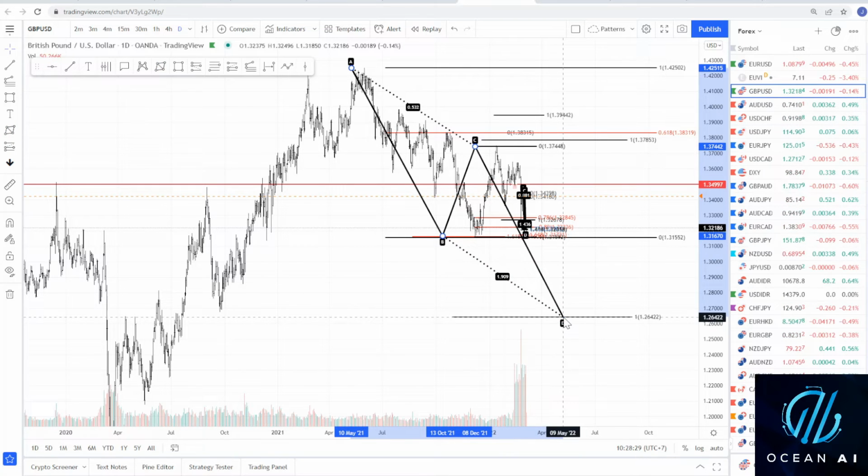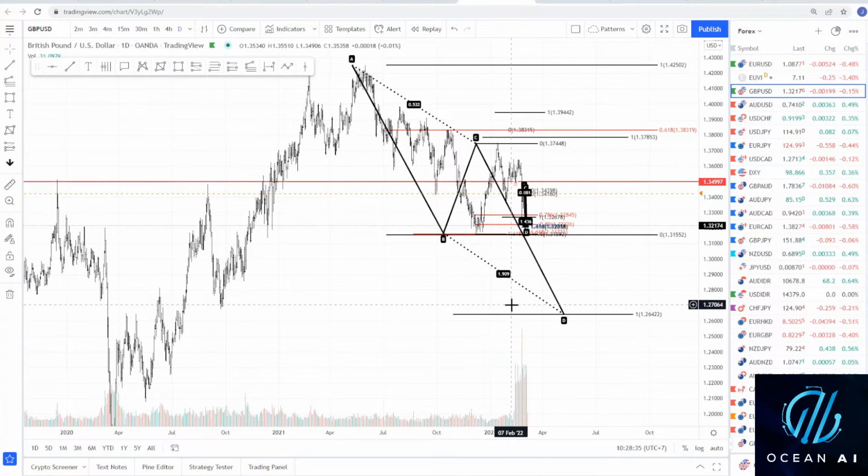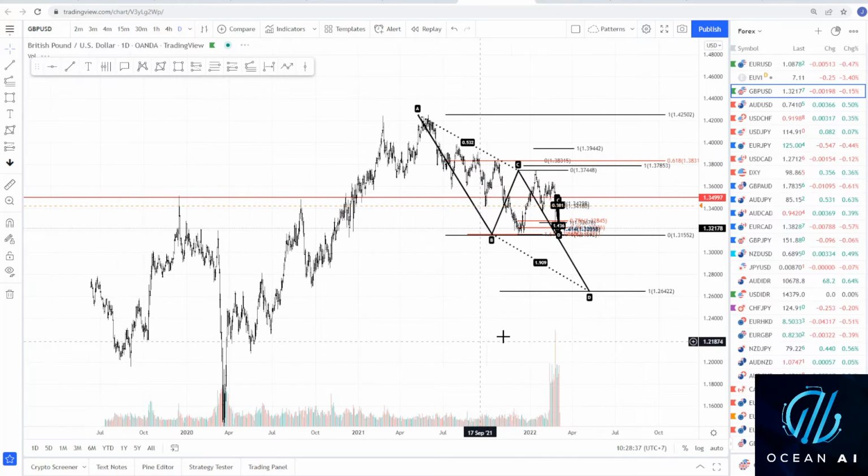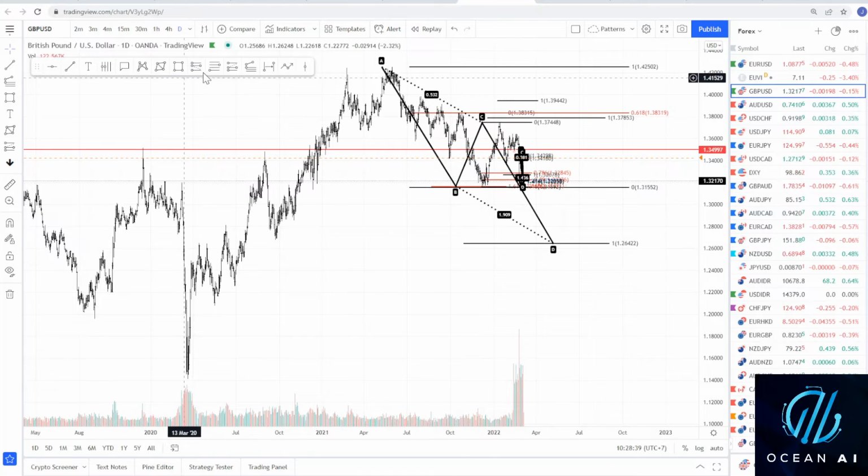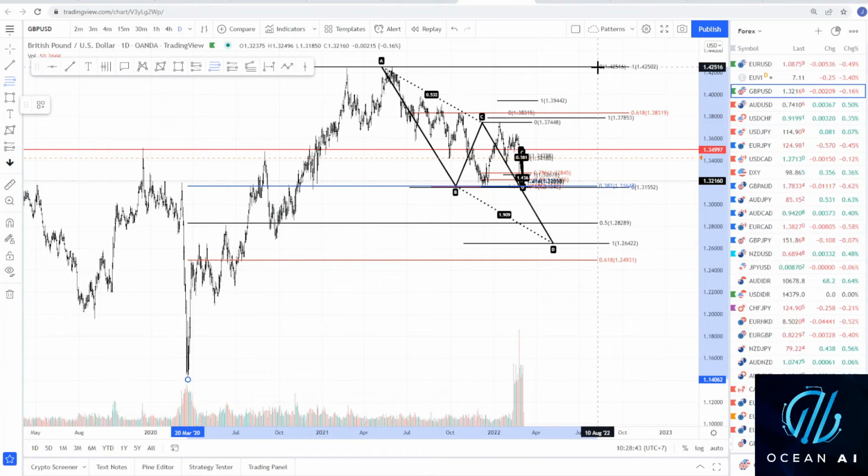So yeah, critical level here. If it breaks below there and takes out this low, then we're likely to hit it down here. And that would be down towards a 61% retracement from the whole move up from the COVID low.